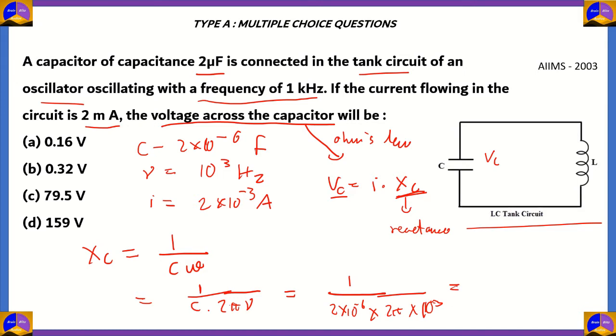So 2 times 2 is 4. And then 10 raised to minus 6 into 10 raised to 3 is 10 raised to minus 3. And so since it is 1 by 10 raised to minus 3, 10 raised to minus 3 goes to the numerator.